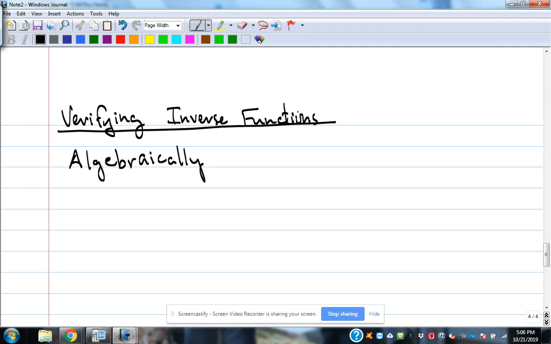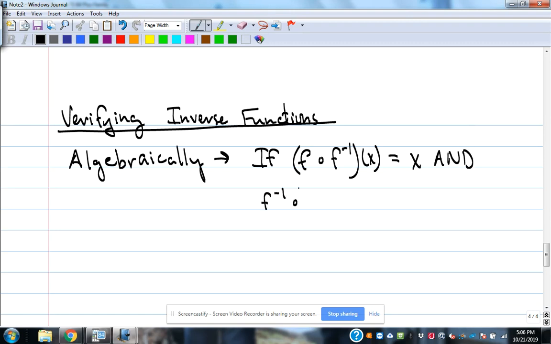So algebraically, what happens is it's based off function compositions. If f composed with f inverse of x equals x and f inverse composed with f of x equals x.